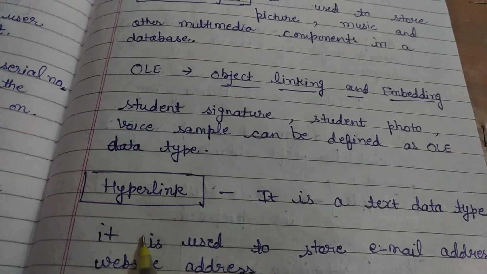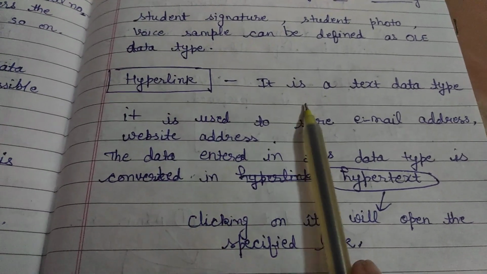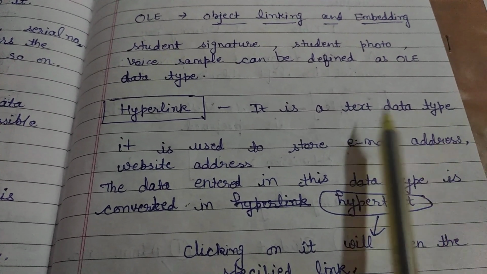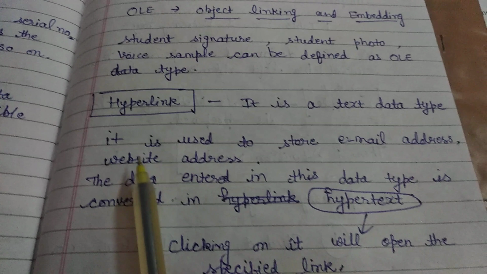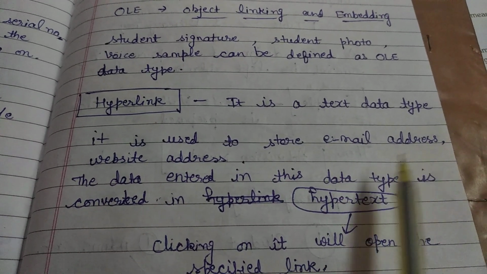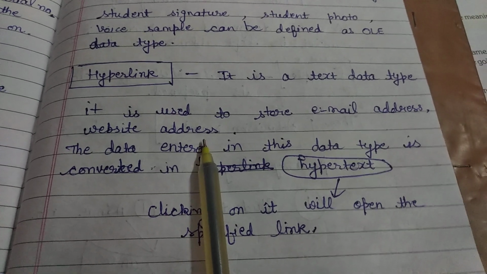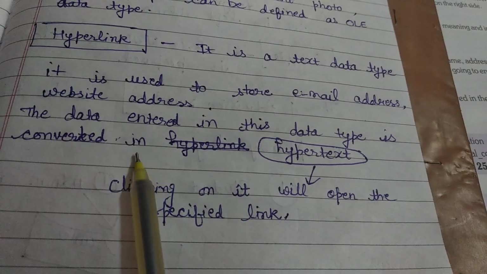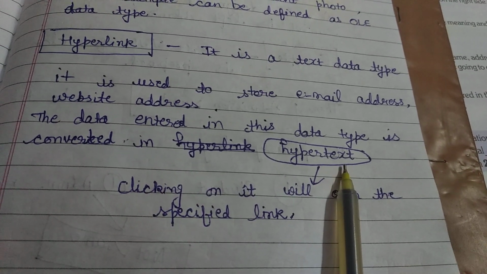Next is hyperlink. It is a text data type. It is used to store email address or website address. The data entered in this data type is converted into hypertext.